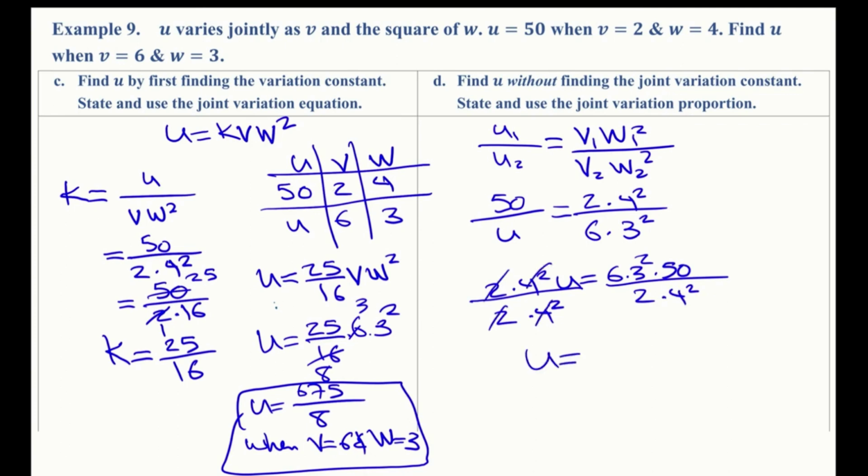So we get u equals, now we know 2 goes into itself once, into 6 3 times. 4 squared is 16. Let me replace it with 16. And I know 2 goes into 16 8 times. It goes into 50 25 times.